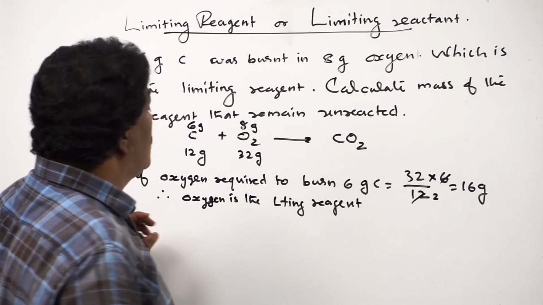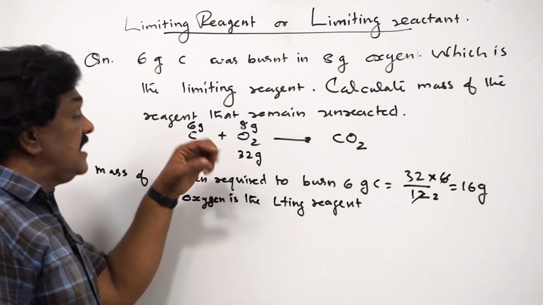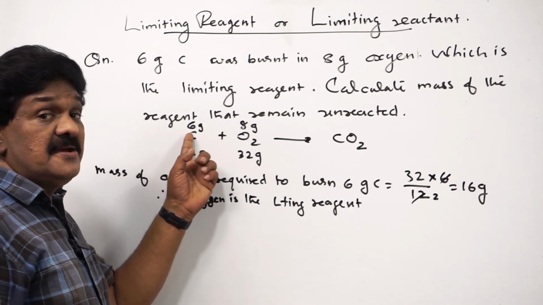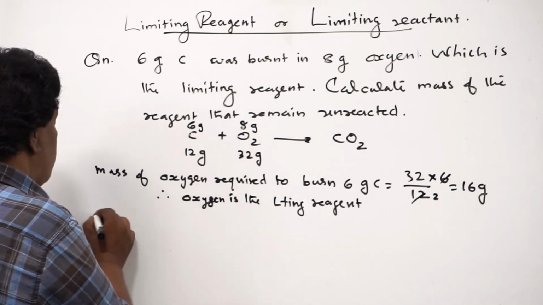Now, we can calculate the mass of carbon that burns completely in 8 gram oxygen.